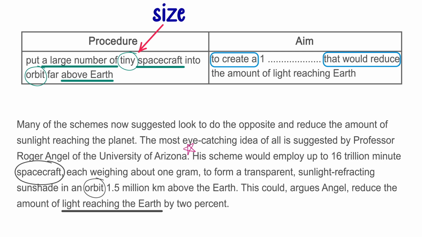His scheme would employ up to 16 trillion minute spacecraft, each weighing about 1 gram, to form a transparent, sunlight refracting sunshade in an orbit 1.5 million kilometers above the Earth. Here minute is not the noun but an adjective, meaning extremely small. Again, we have the word form, which is the synonym for the word create, right?